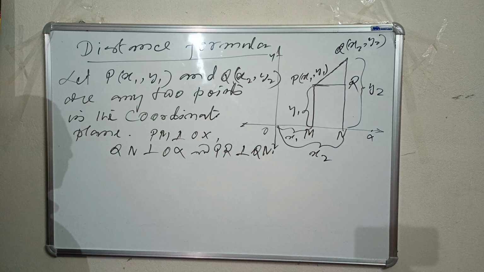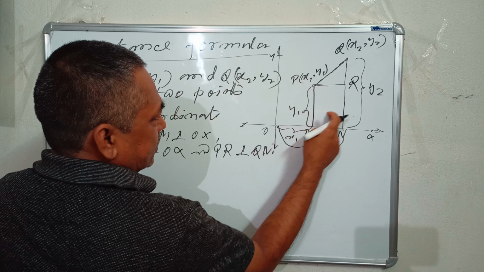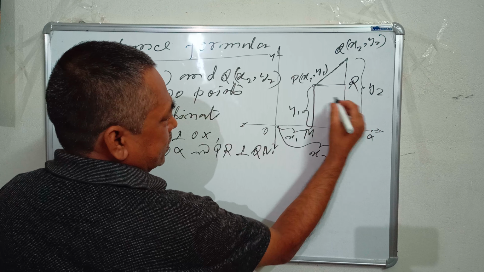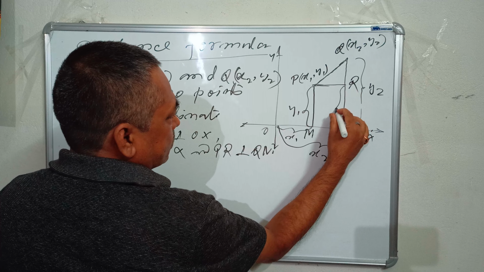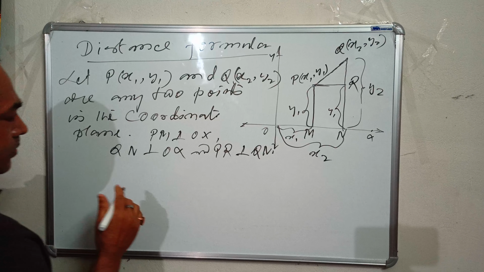In doing so, what is happening? When it is perpendicular, this is a rectangle, so this equals this equals this, meaning this one is y1, so this one is also y1.